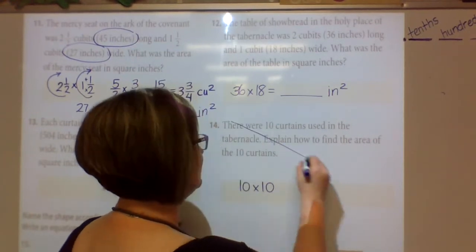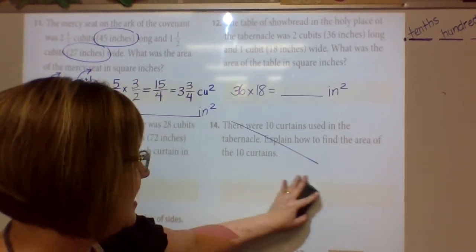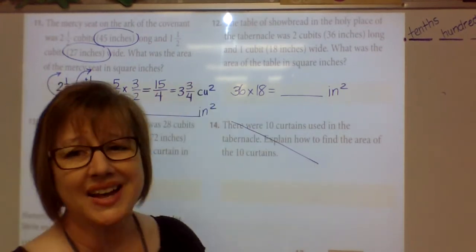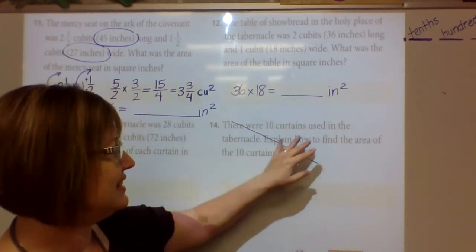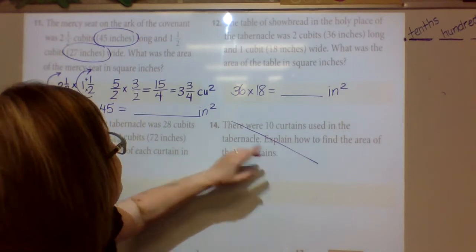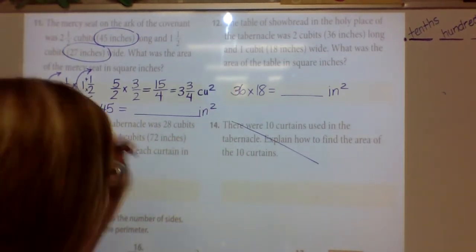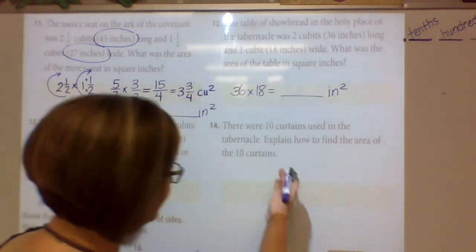You know what? This one doesn't even give us an answer. It says explanations may vary. I don't like that question. Ask some of your parents, they might be able to get it, but it doesn't tell us the size of the curtains. Or did it? That's why. It's like they don't tell us any information.